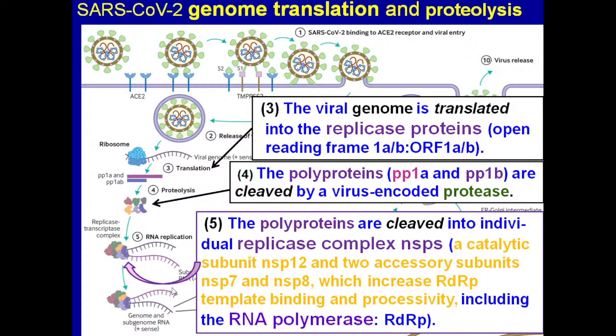So finally it makes the RNA-dependent RNA polymerase, but it consists of a complex of several proteins.